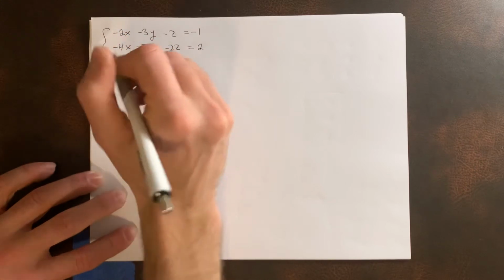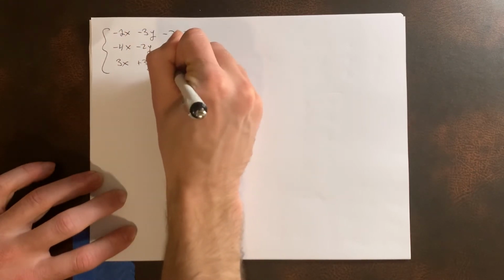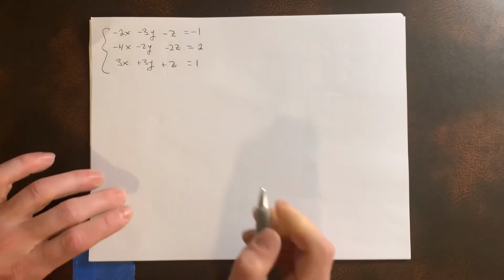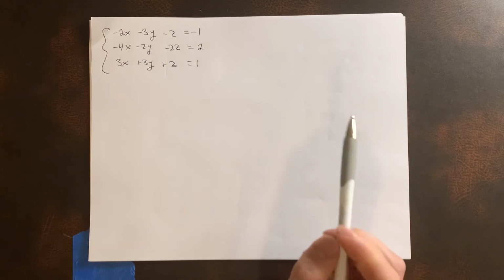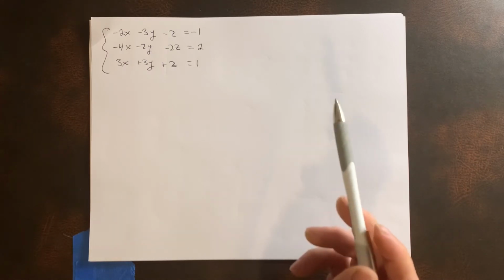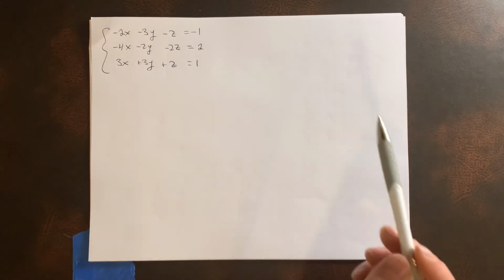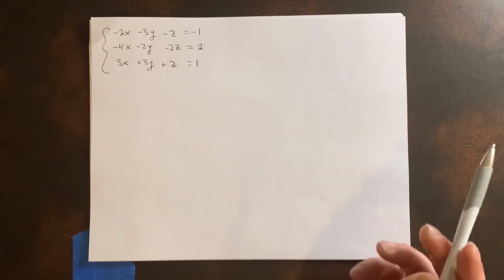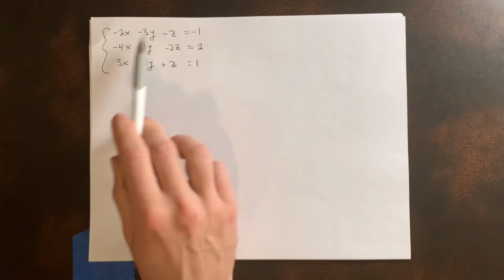Then 3x plus 3y plus z is equal to 1. So this is the one we want to solve. And if you look back in section 6.2, our technique was to eliminate a variable in 2 separate ways and then combine those equations together to find one of the variables and to keep substituting those variables back in. So this is one that we did solve in 6.2.